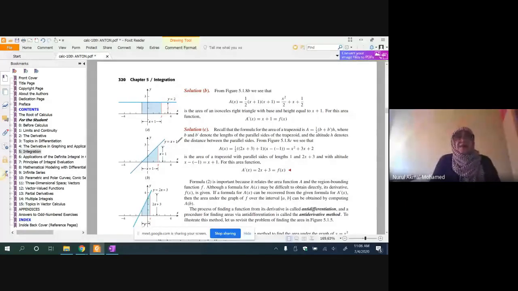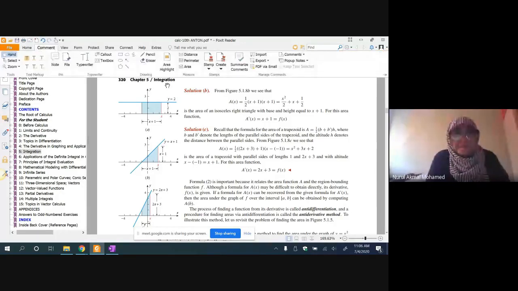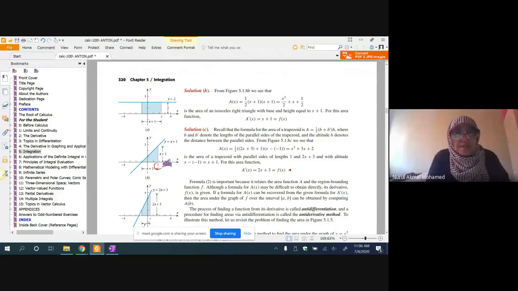So if this is x, y here will be equal to x plus 1. So the height will be x plus 1. And this one is -1, the coordinate of here is -1. So the length of the base will be x minus -1, so it will be x plus 1.